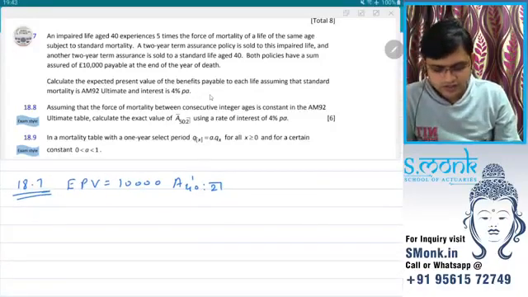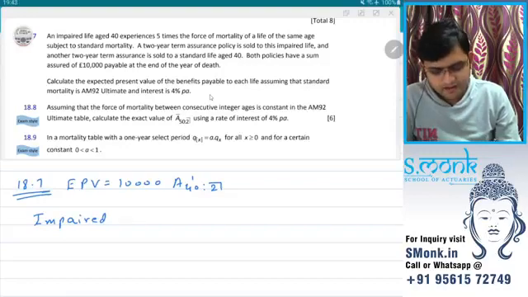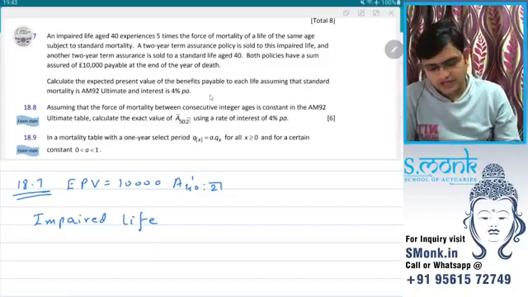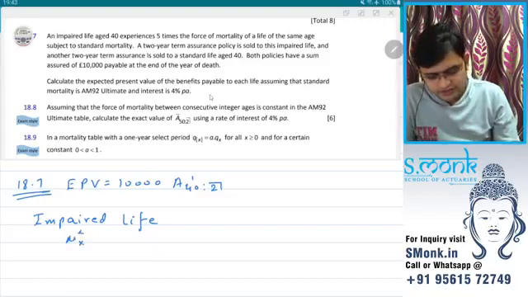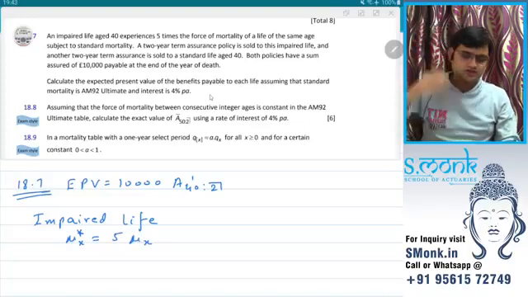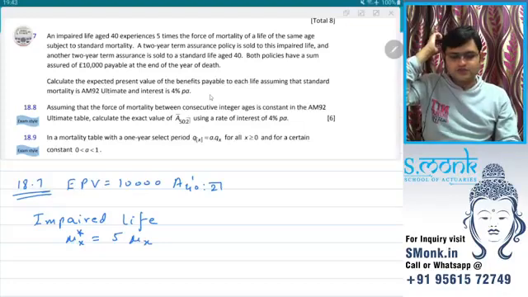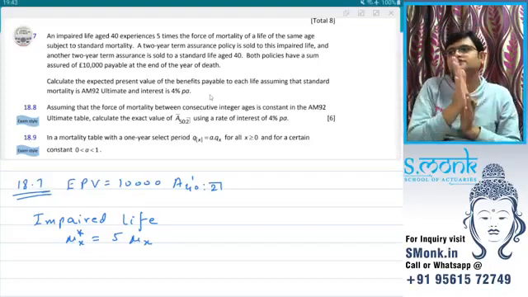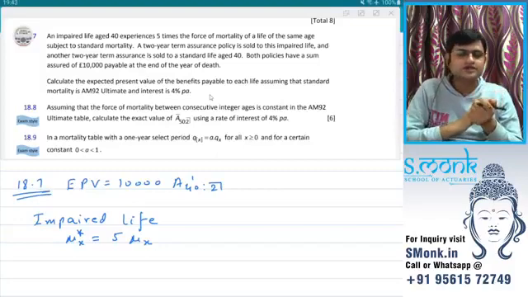Let's talk about impaired life. For impaired life, they are saying our new mu x star is going to be 5 times the mu x. Now here, whenever we are solving this type of sums, we will be assuming constant force of mortality for a certain age.